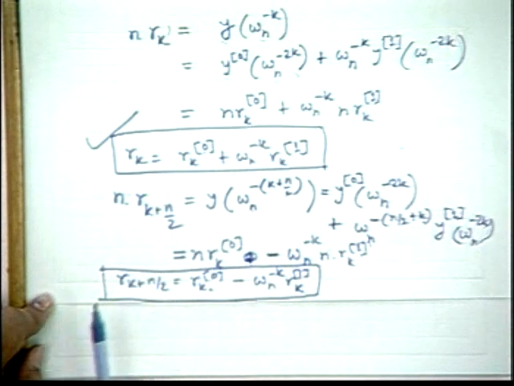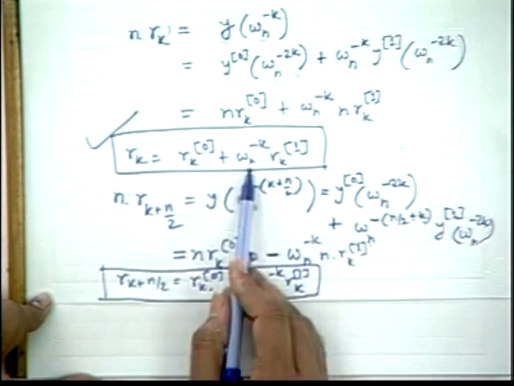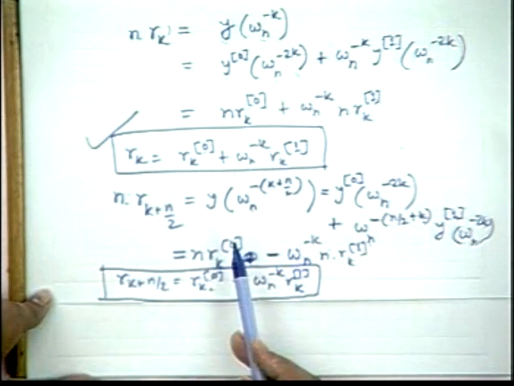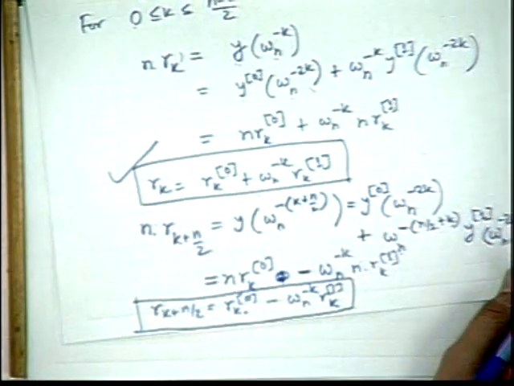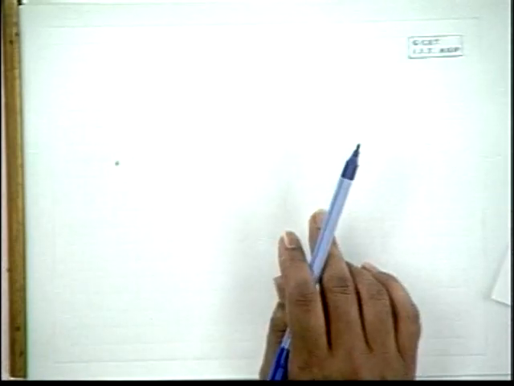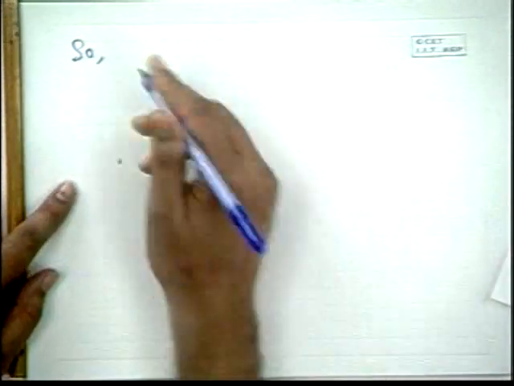So the algorithm for computing the DFT remains exactly the same. The only thing you have to change now is that instead of Wnk you have to use Wn minus k. So one algorithm gives you both inverse and forward, and the only change is at those places. Now I am going to conclude.